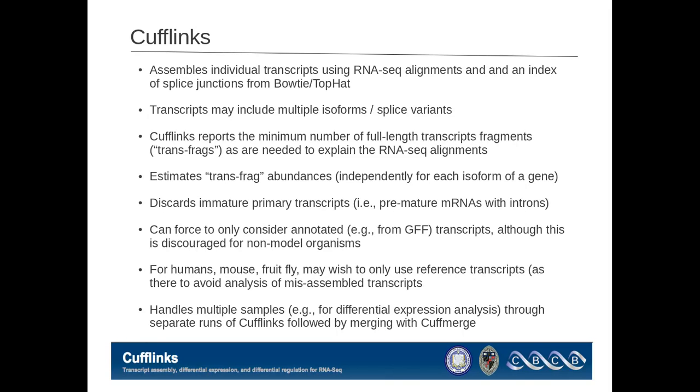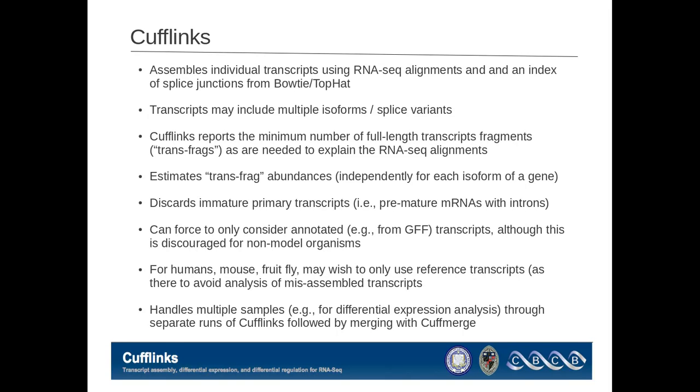So as you're aware, each of the genes in the genome has multiple different potential alternative splice variants, particularly in humans and other mammals, where any one gene has, on average, multiple different isoforms. Cufflinks is going to attempt to assemble all of the possible isoforms that are in the data that are supported by the criterion that it uses.